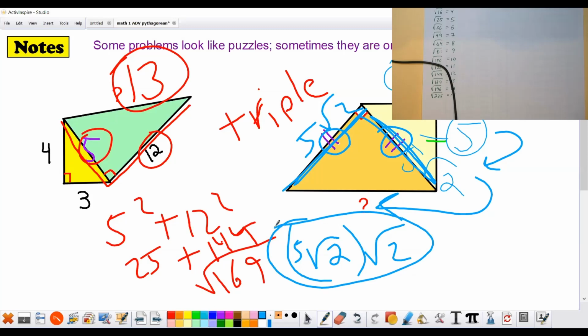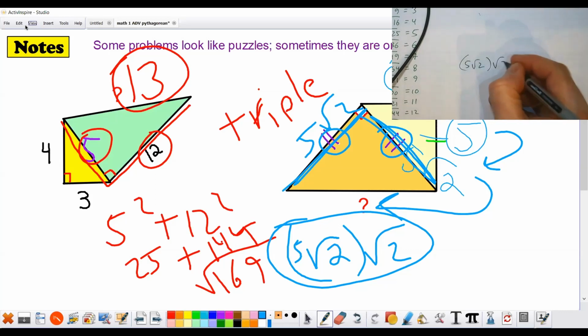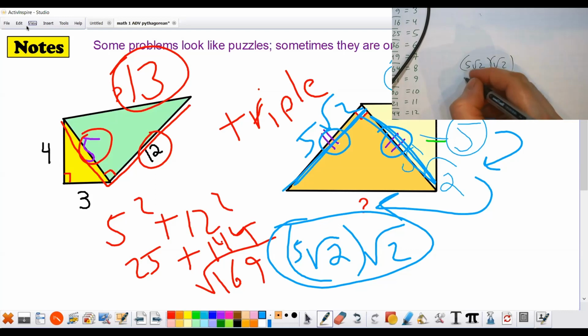Wait a minute, we can't leave the answer like that. Let's multiply this out. Let me use my paper here so I can draw a little better. Okay, so here's my paper. So we had 5 radical 2, and we need to throw radical 2 on it. Radicals like to be with radicals. So 2 times 2 is 4, right?